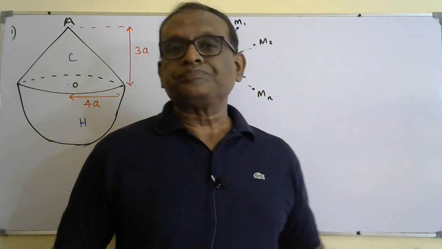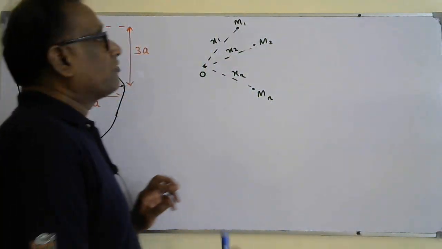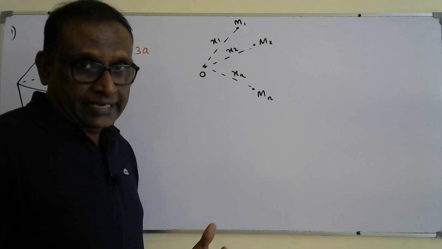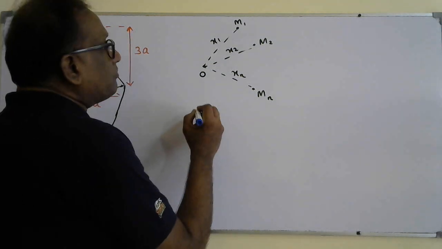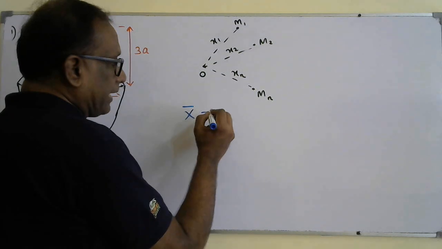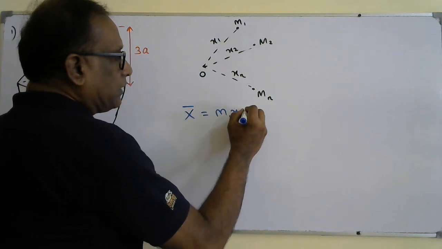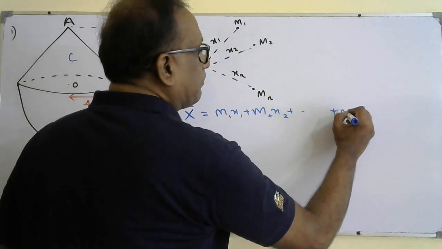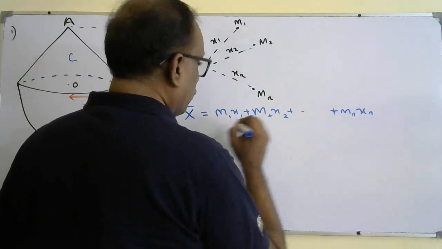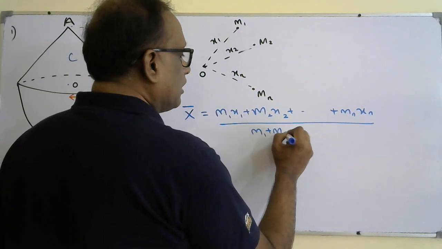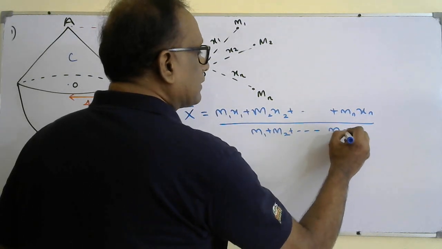So what is the center of mass of the system of these particles? How is the center of mass defined mathematically? The center of mass of the system of particles, x bar, is given by x bar equals m1 x1 plus m2 x2 plus up to mn xn, over the total mass m1 plus m2 plus up to mn.